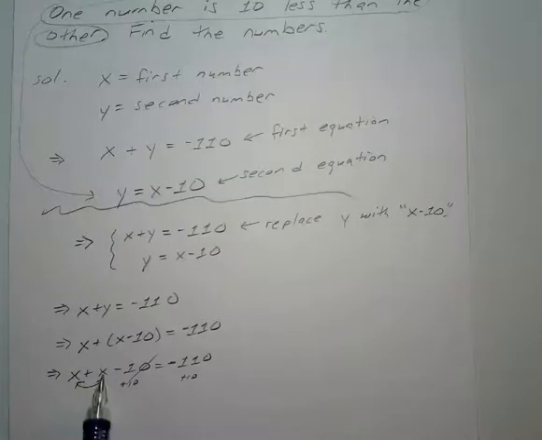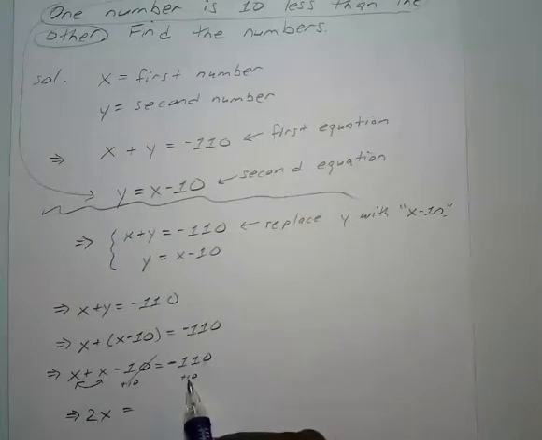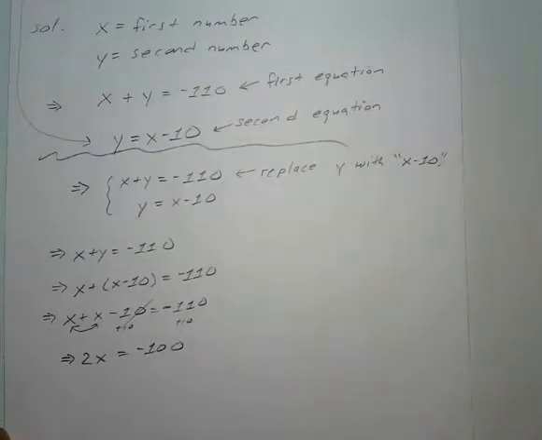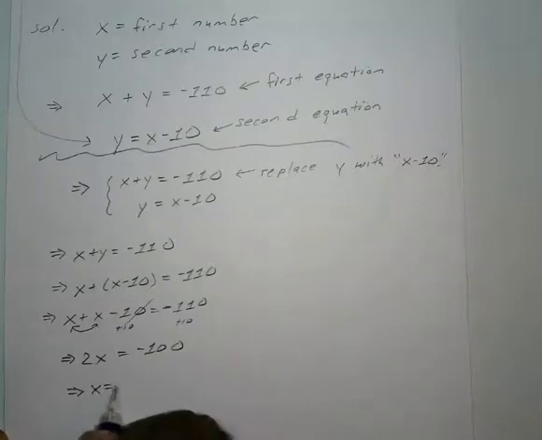So you have x plus x, which is 2x, equals negative 110 plus 10 is negative 100. Okay, so if we divide both sides by 2, we end up with x equals negative 50.